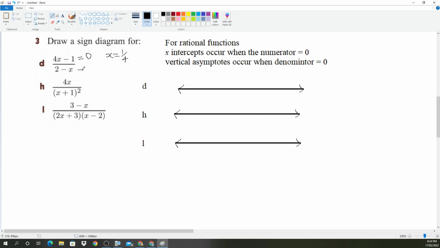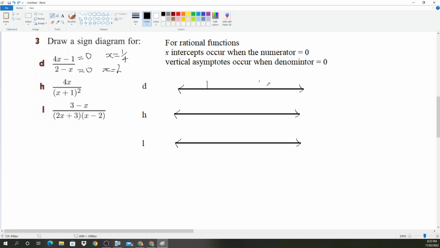Now, if the denominator equals 0, x equals 2. Okay, so we have 1/4, that's going to be our solid line, and 2, which would be a little dashed line.